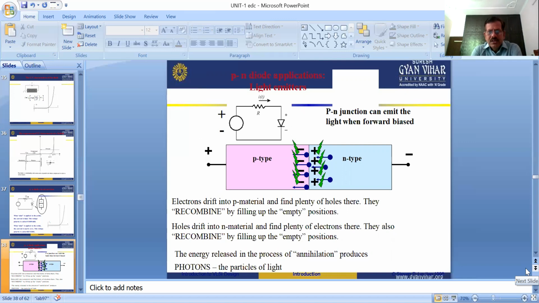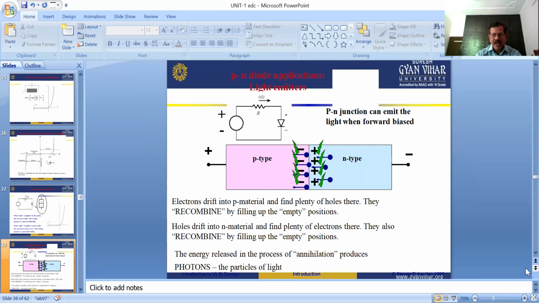Now we see that the PN junction can emit light when forward biased. An example of a PN junction diode is the LED, light emitting diode.